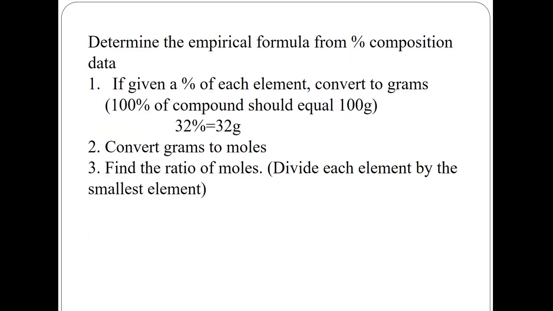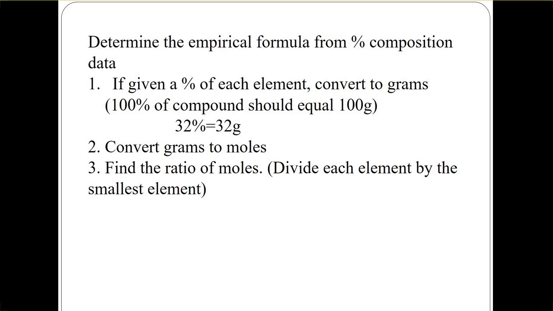So now we're going to use this empirical formula and what we learned last time with percent composition data. Given percent composition data, we will be able to write an empirical formula or the lowest ratio. So if given a percent, you will take that percent and convert it to grams.